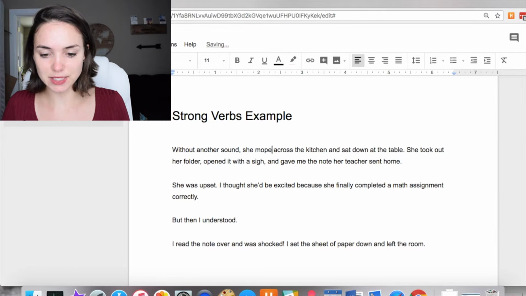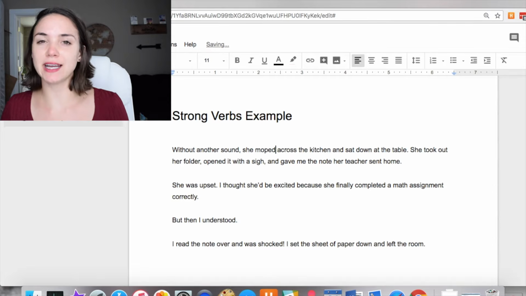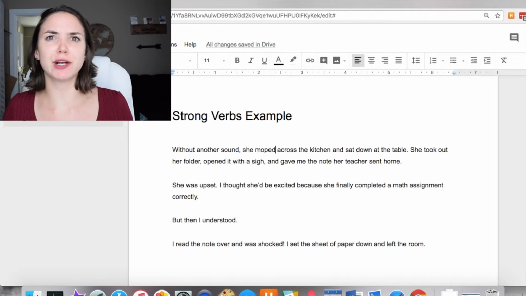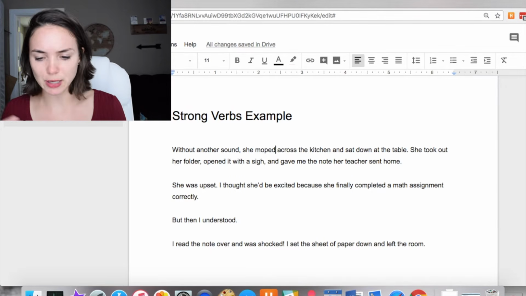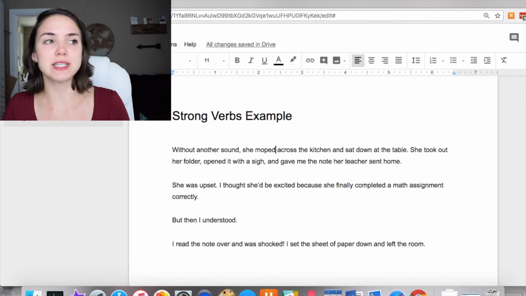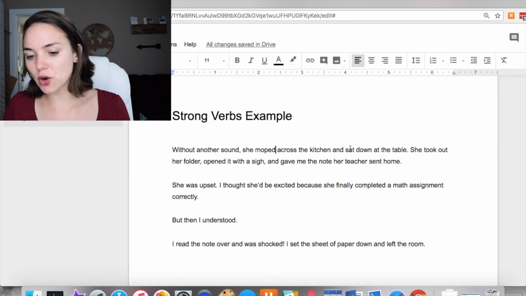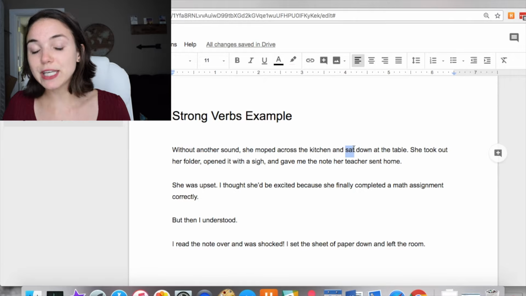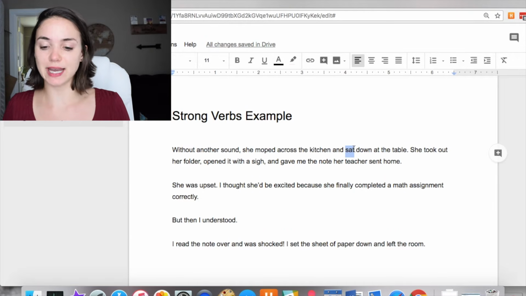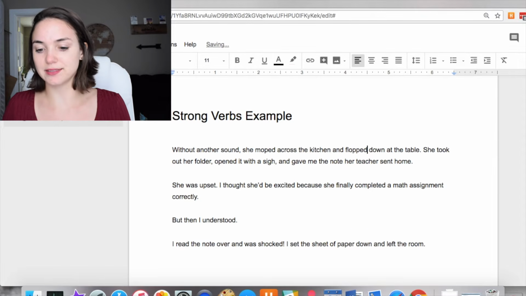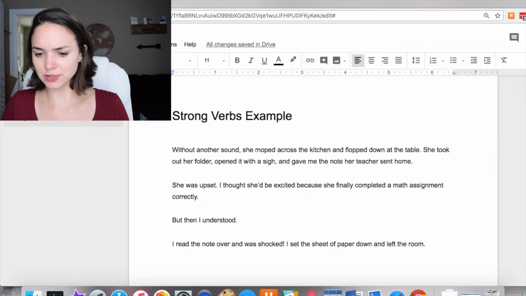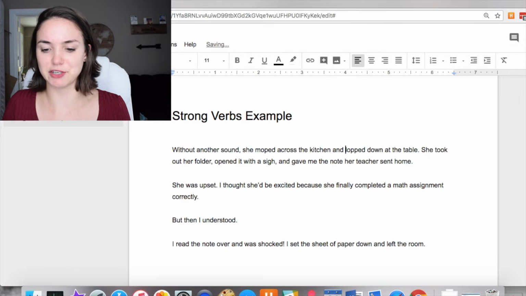I like to use moped. She moped across the kitchen. That paints a very clear picture of her dragging her feet, her shoulders slumped, and we understand that she's not in the best of spirits. And if we go to sat, we can also replace sat with a verb that is a lot stronger. How about she flopped down at the table? Or let's do plopped. Flopped is like she flopped on a bed.